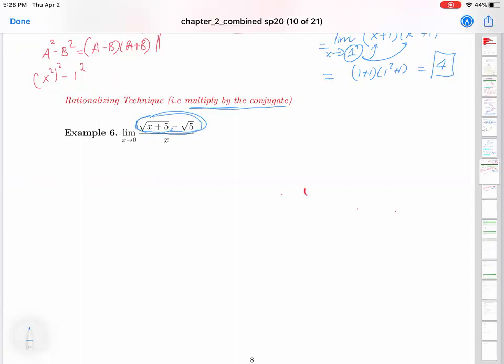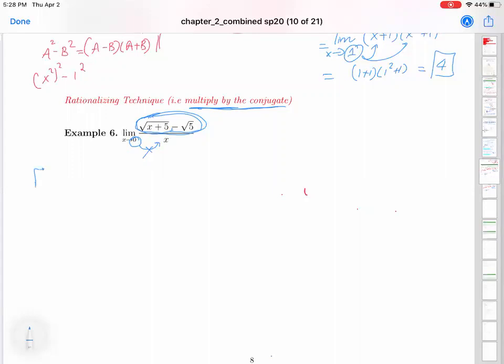Okay, but let's look at the limit first. X equals 0, you cannot plug it in. So I have to do something else. I have to manipulate the algebra if it's possible. And again, I see the radical in the numerator, so I'm thinking I'll try to multiply the whole function by the numerator's conjugate.